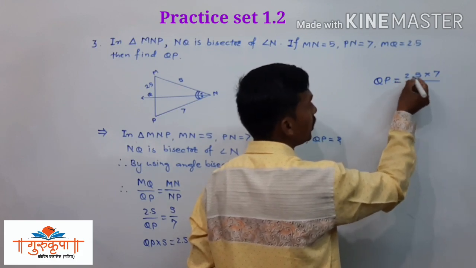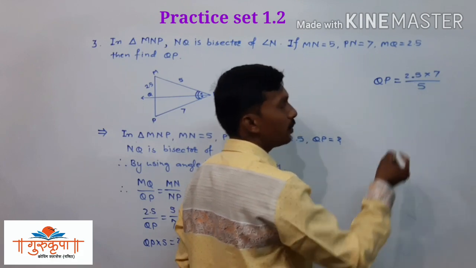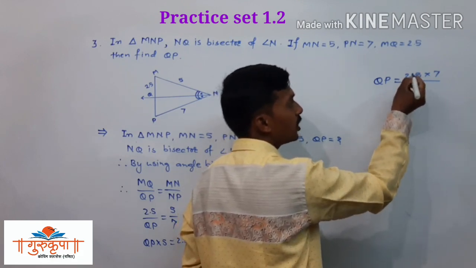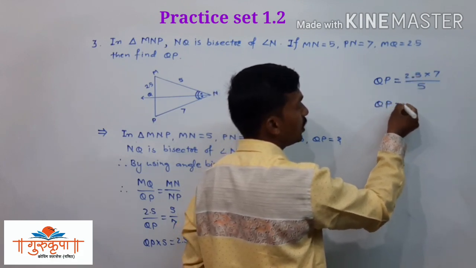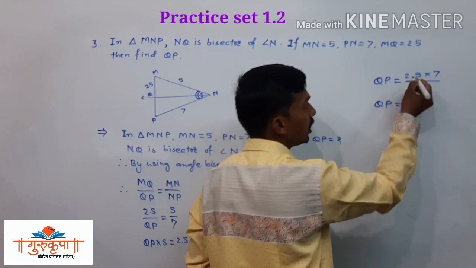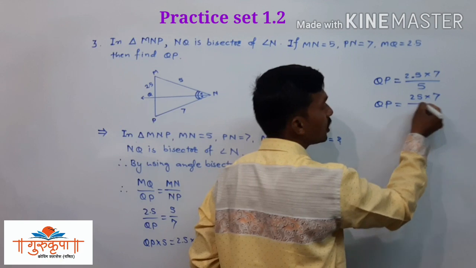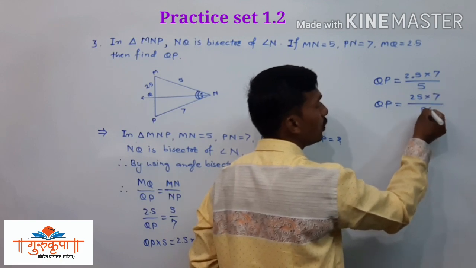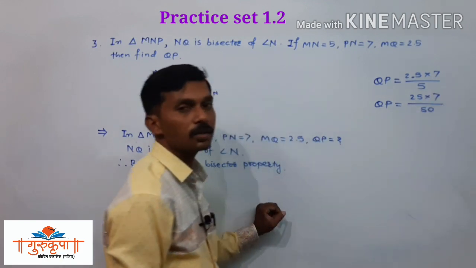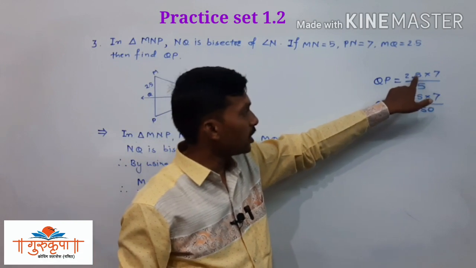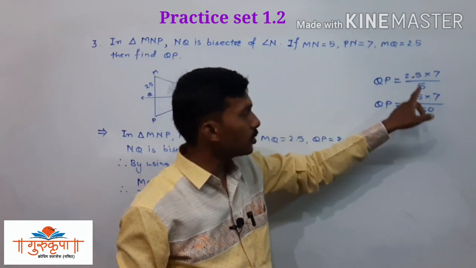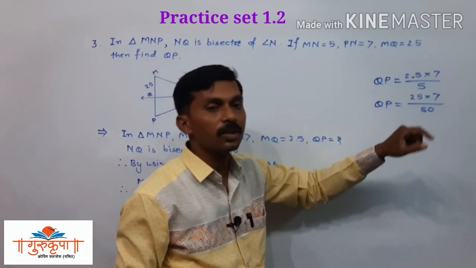Now we can divide 2.5 by 5, or simply you can remove this decimal sign. Since we get 25 in the numerator, and since we remove the decimal sign from the numerator, into the denominator we have to put 10. Here this decimal sign is after one digit and we remove it, so we take 10 in the denominator.